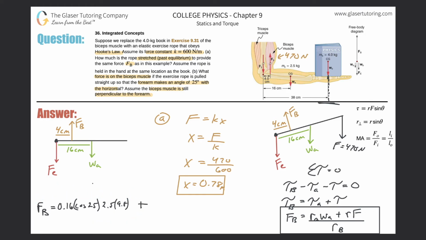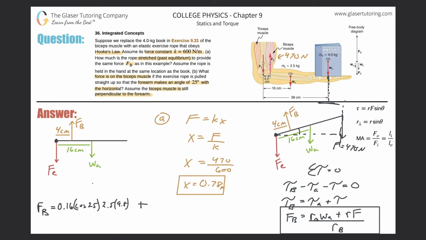All right, then plus, now I got to do the same analysis for the exercise band, but if you notice, it's pointing in the same direction as the weight is. So in terms of the angle, here's the line of action. Again, I know this is 25 degrees. I'm looking for this side, which is adjacent to that angle, and I do know the hypotenuse length.